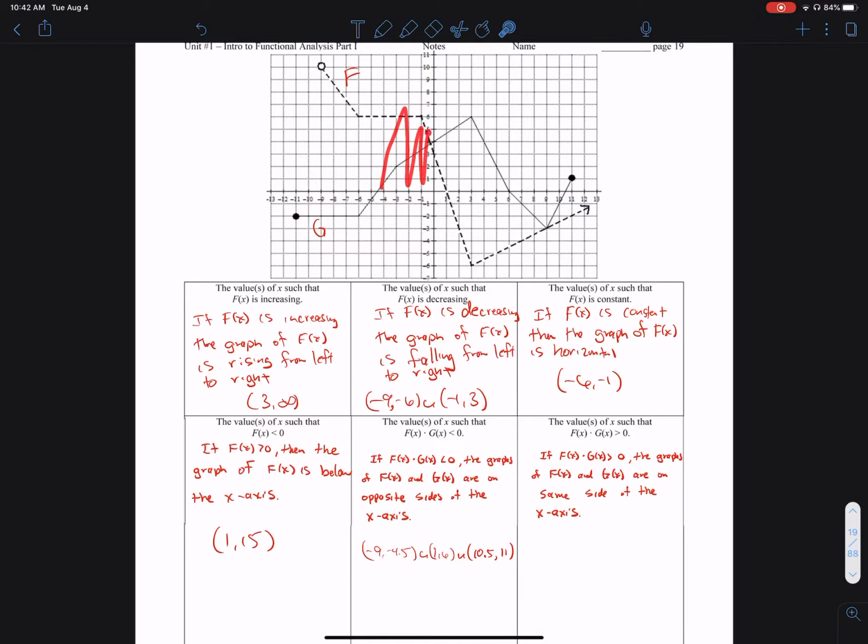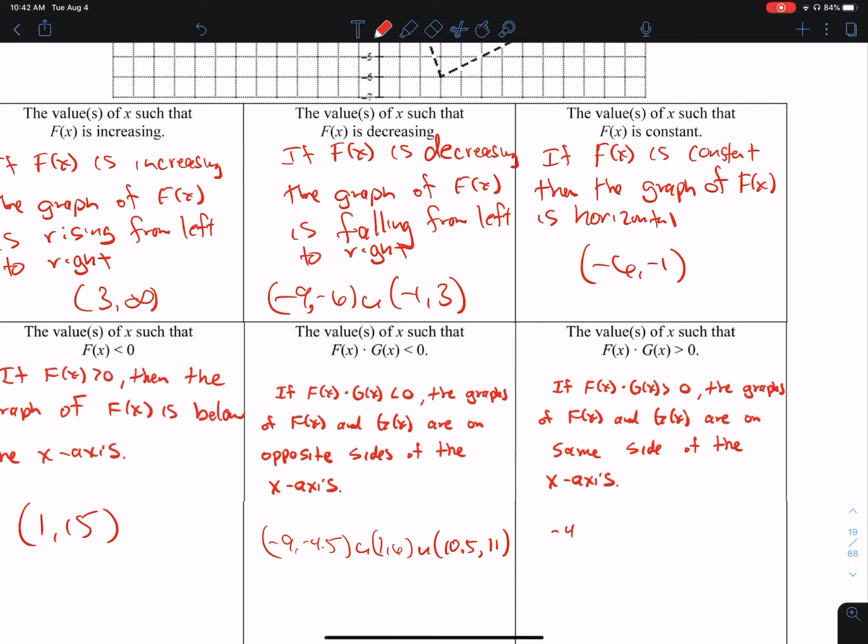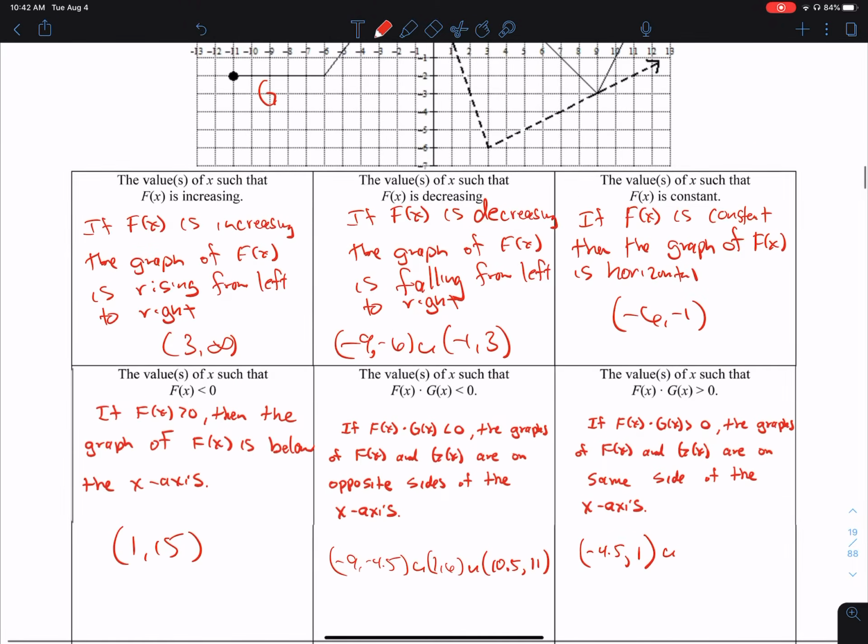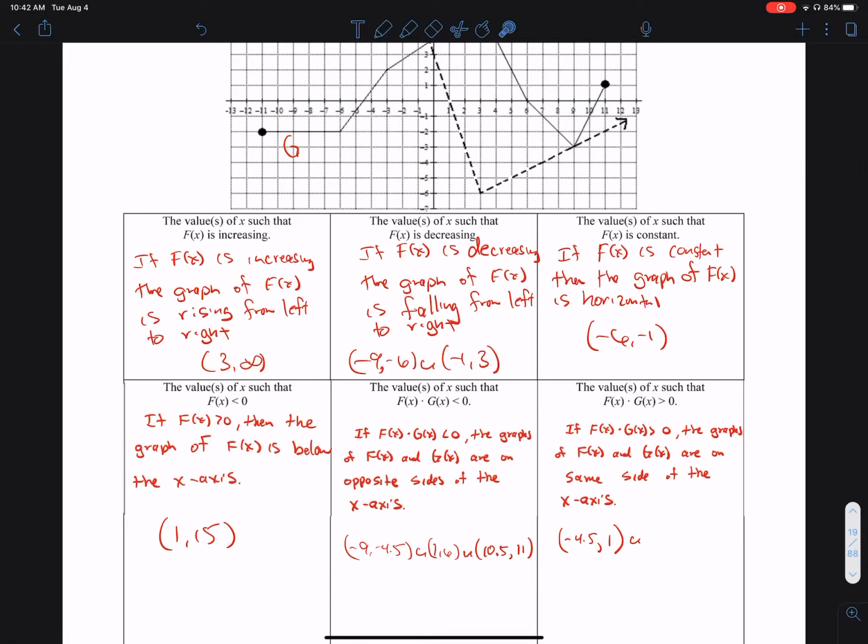Actually, all the way to here, which would be about -4.5 to 1, not inclusive. And then they're both below right after 6 until we get to about 10.5.